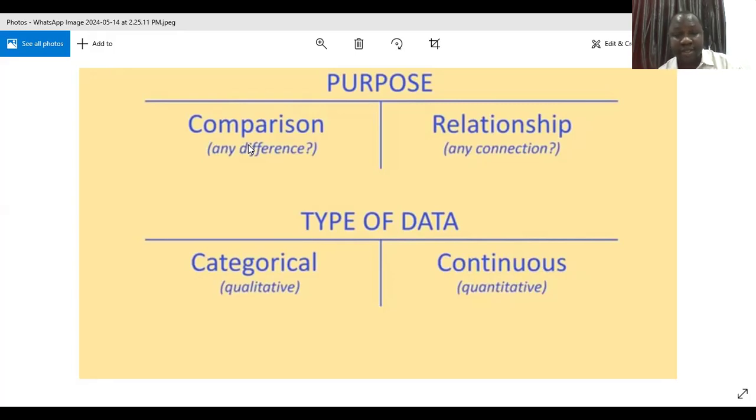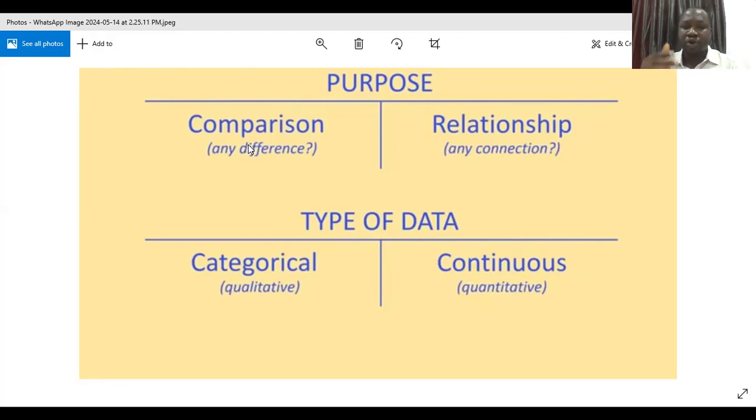Now, comparison deals with sometimes a particular set of data. You are comparing between male and female, two samples that you used. Or you collected data and you want to compare it against global data that is online. Or you did an experiment and you want to compare before and after the experiment.